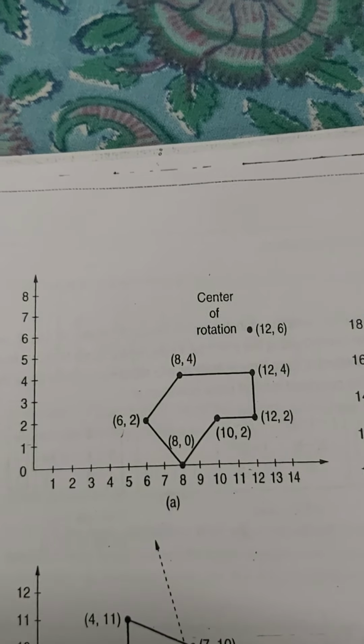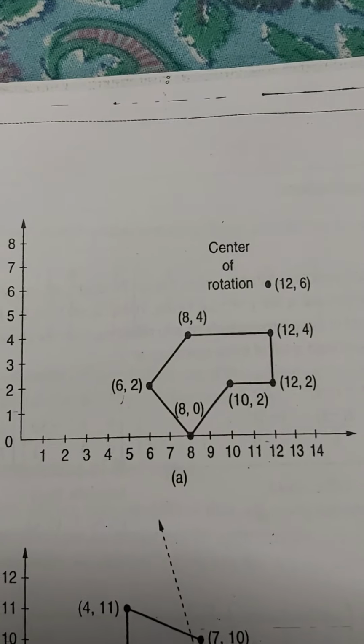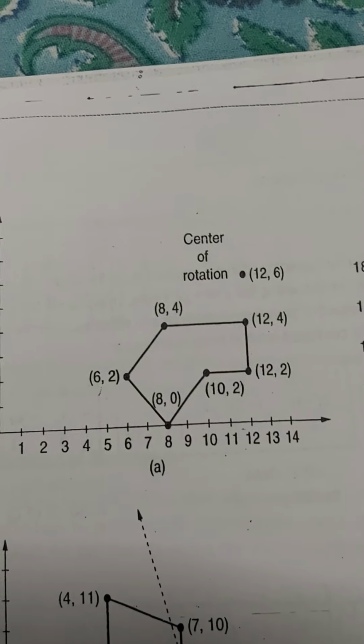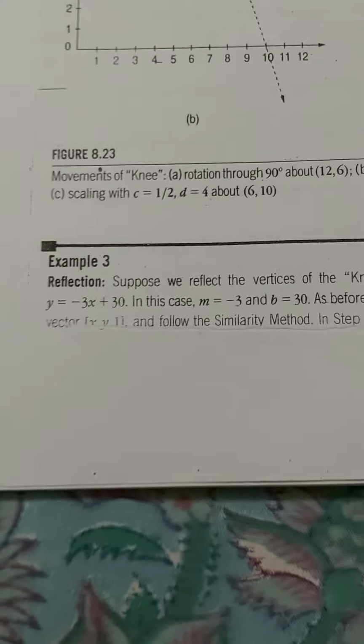So this is how we perform different operations on a given figure. First, represent the figure in matrix form, write down all the vertices, then change xy to xy1, then perform the operations. See the next example.